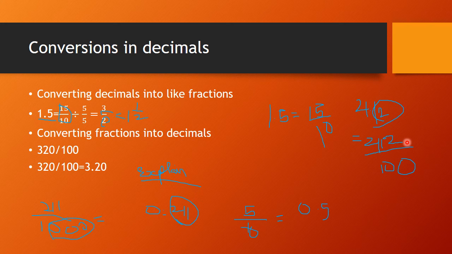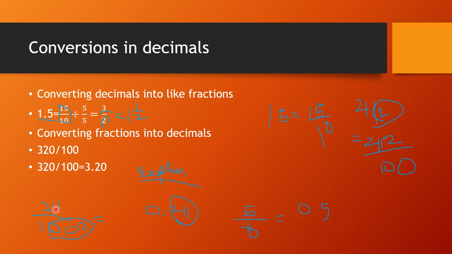It's really important. Now we will learn about converting fractions into decimals. 320 by 100 is equal to 3.20. Now I will explain briefly about it. Suppose I take the number 211 by 1000.